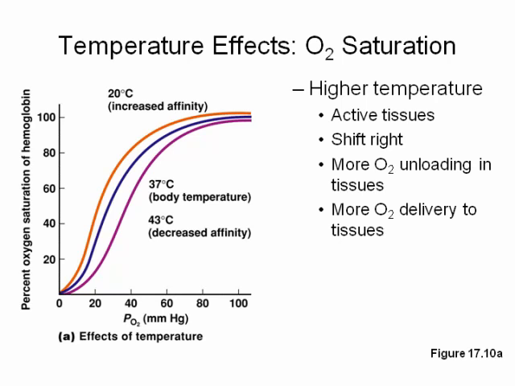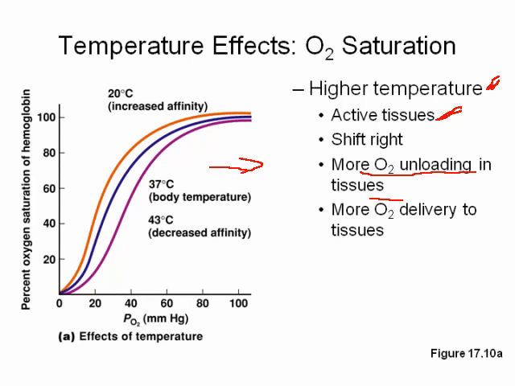So let's look at some of the factors that alter that. Higher temperature: as tissue is more metabolically active, the temperature increases, which shifts the curve to the right. So it decreases the affinity of hemoglobin for oxygen, meaning more oxygen is being unloaded in the tissue, which makes sense.